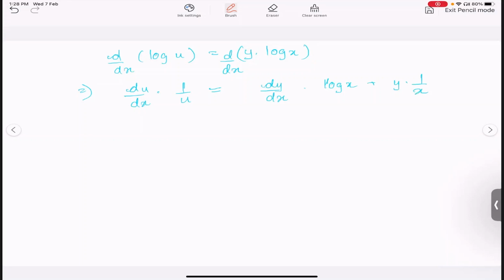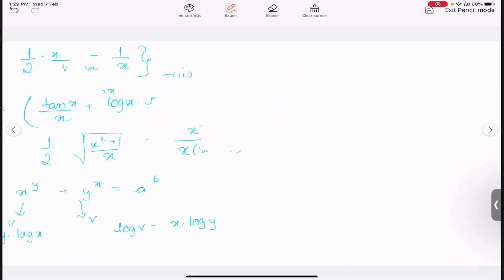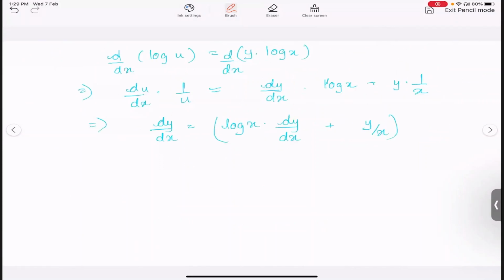So this is what we are left with, and we will write du by dx will be equal to dy by dx. We are getting dy by dx, but first we have to replace the u part so that we can add it to the initial thing that we had. So it will be this thing plus y by x times, here u is equal to x to the power y. This is the first part, and this is du by dx.